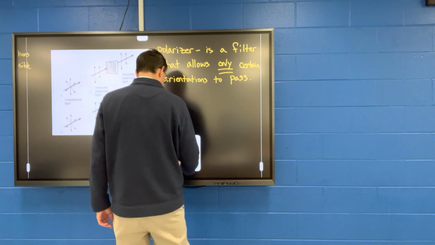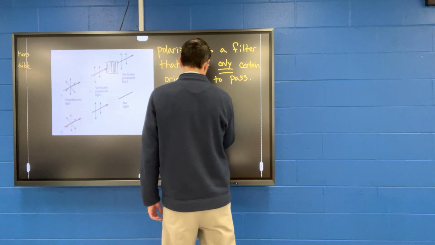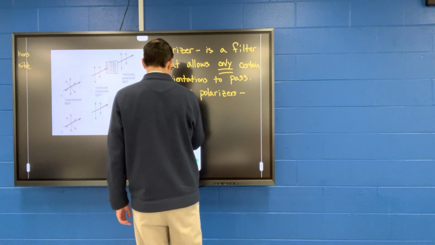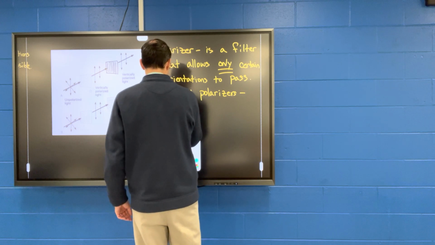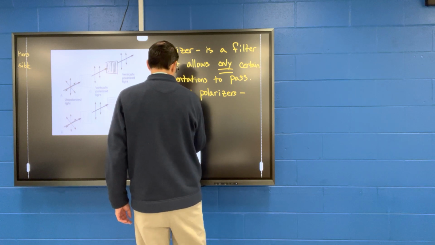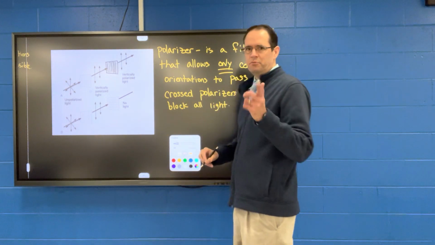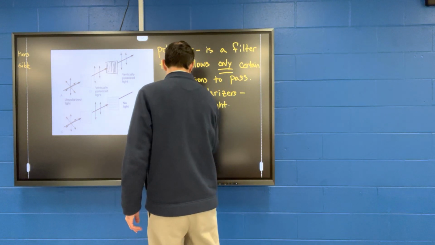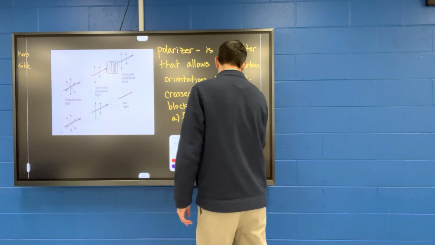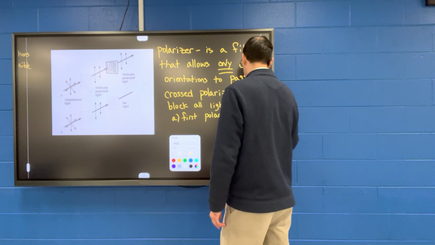So cross-polarizers. These are going to block all light. It contains two polarizers. The first polarizer allows only the vertically polarized light to go through.